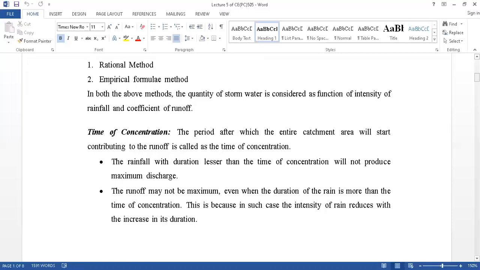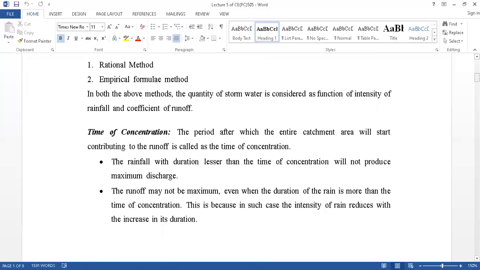If we consider rainfall with duration lesser than the time of concentration, then the catchment area has not yet started the runoff. Still there is time to fill the catchment area by the rain, and its contribution in the form of runoff has not started.